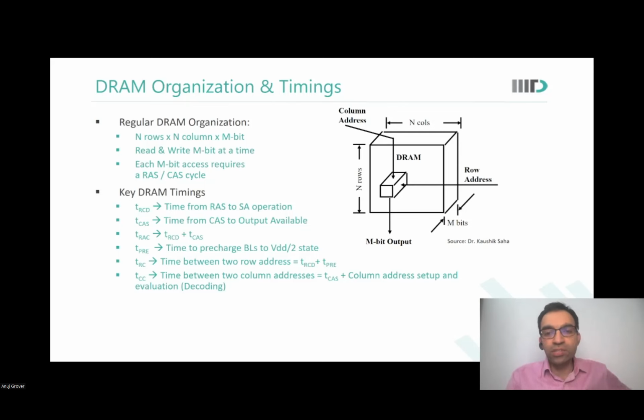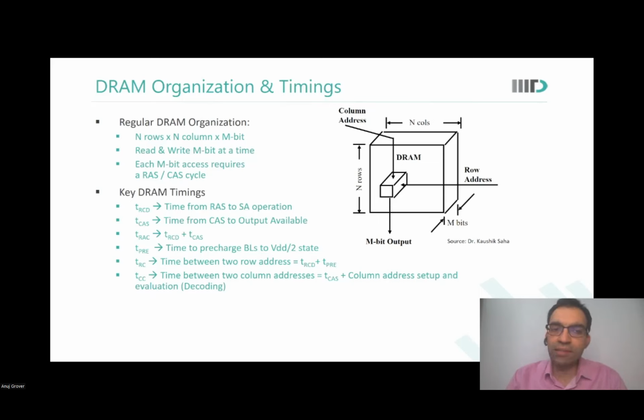In addition, as many bits as we may have, that many arrays would exist, so it appears like an n cross n cross m cuboid. As many bits, as many pages would be there, and we are able to read and write all the m bits at the same time.